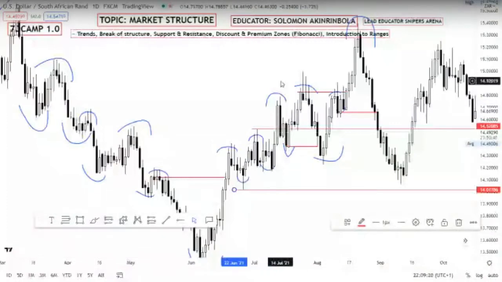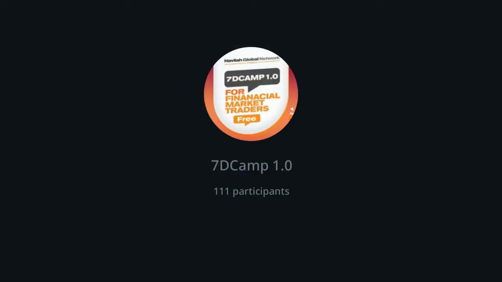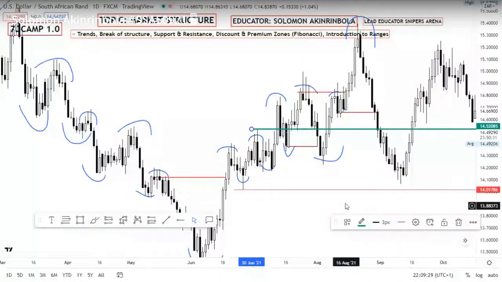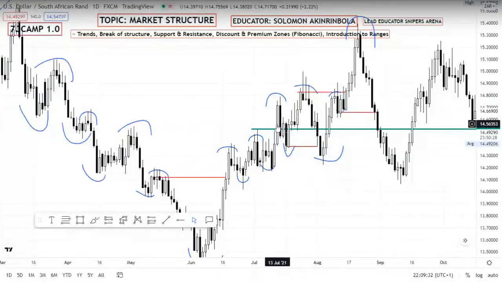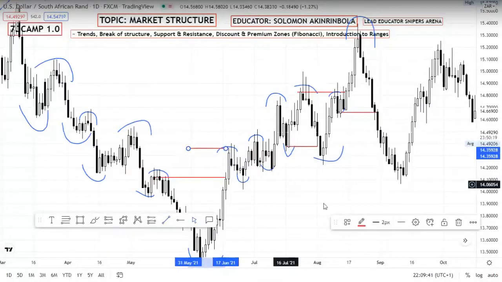Where's your next range? Let me change this color and make it bold. Okay, good. So this is your range, guys.